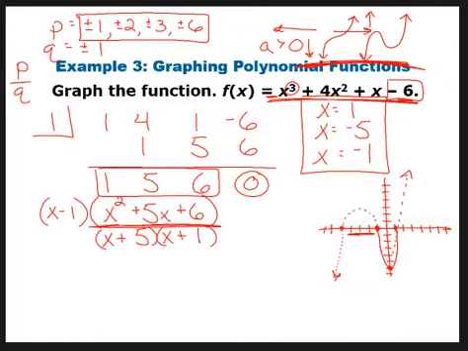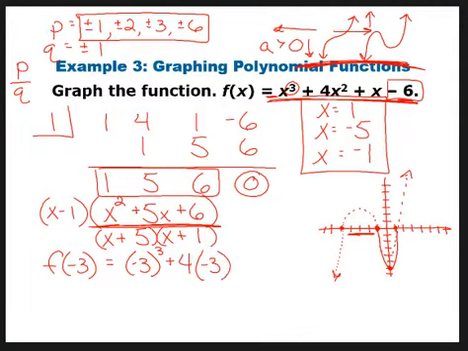So if I look for f of -3, I'd be looking at -3 to the third plus 4 times -3 squared plus -3 minus 6. Okay, so I'm filling in -3. I'll write this over here, and I want to see what I'm going to get out of that.